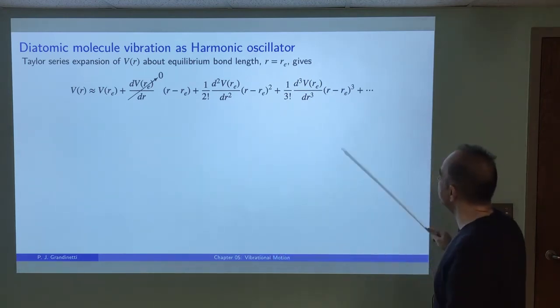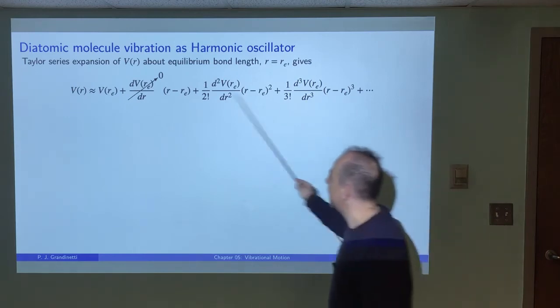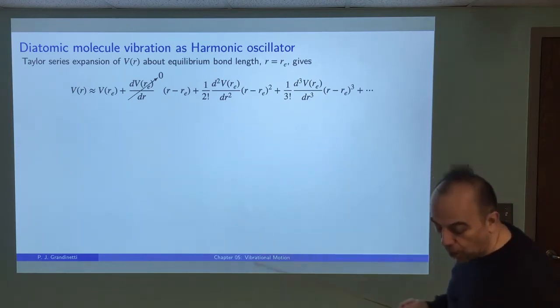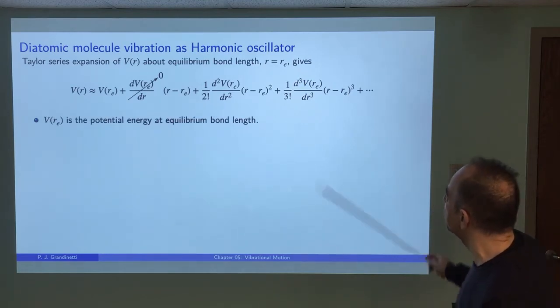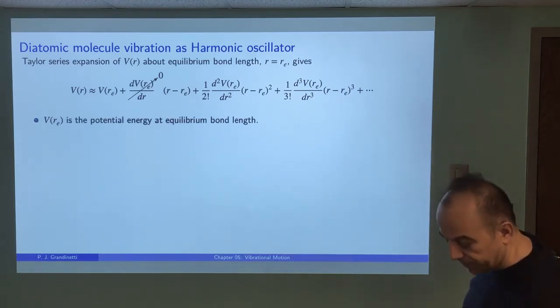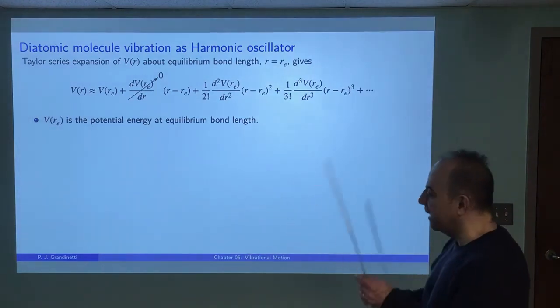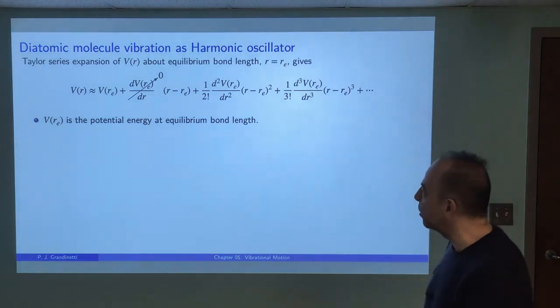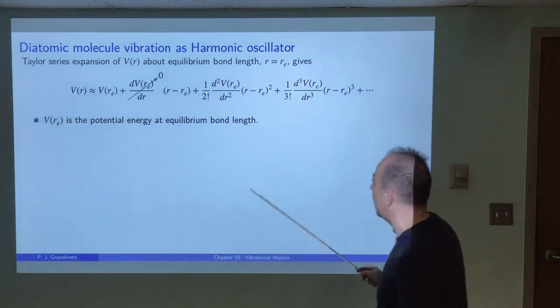And you can now generalize this: 1 over 4 factorial and the fourth derivative and the deviation to the fourth power, and so on. So this is a Taylor series expansion. So what we're hoping then is that for small vibrations, we can use this expansion to take something like the Morse potential and get a simpler version when we're close to equilibrium and just vibrating at very, very small amplitudes.